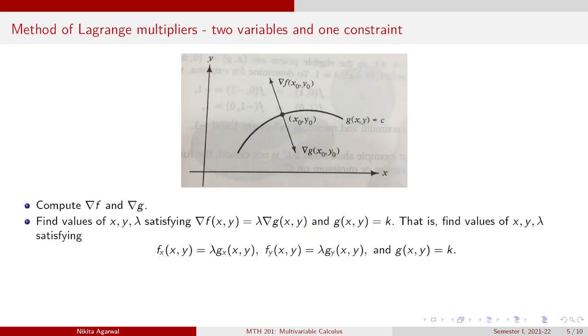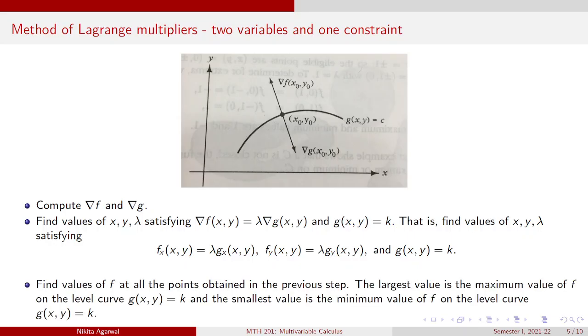So when two vectors are equal, they should be equal component wise. Therefore, fx should be lambda gx and fy should be lambda gy, and obviously the third one is important. So you will get three equations and you will solve for x, y and lambda from these three equations. Now find values of f at all the points obtained in the previous step. The largest value is the maximum value of f on the level curve and the smallest value is the minimum value of f on the level curve.